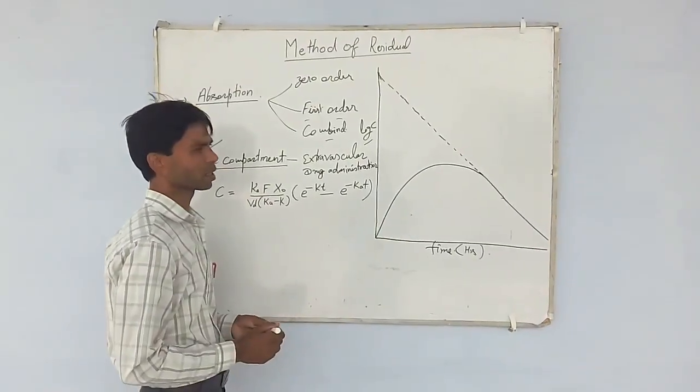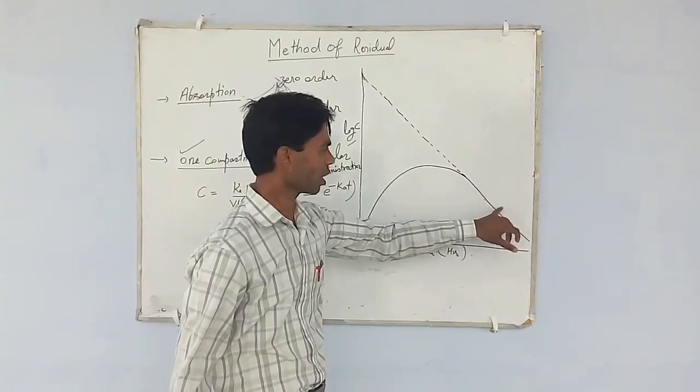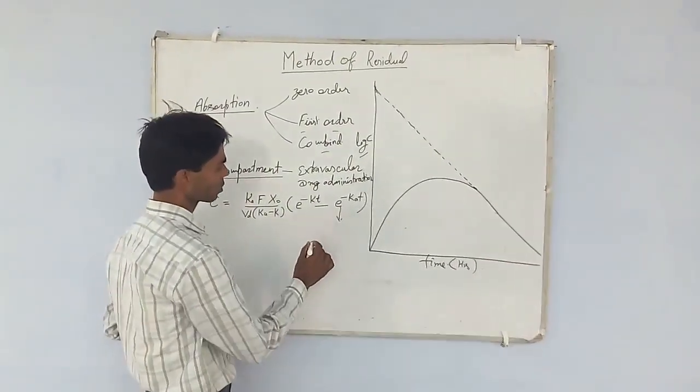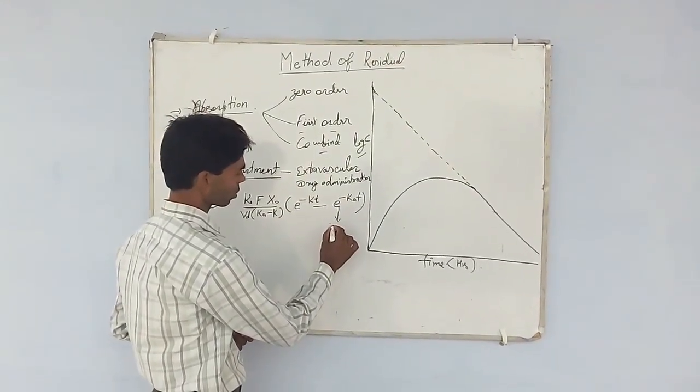After the time at which absorption is completed, in the elimination phase, the second exponential term is reduced to 0.